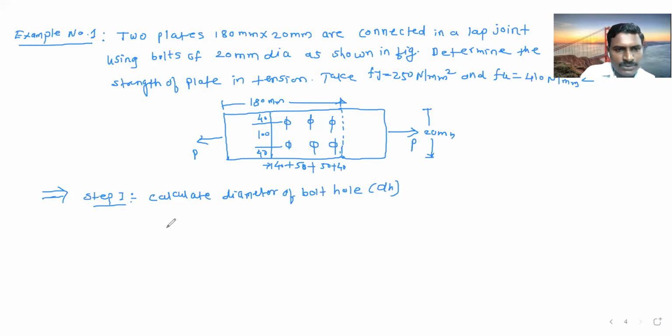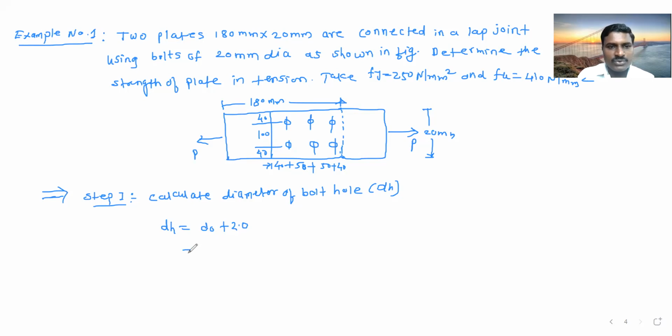So DH is equal to... which formula do we have to use here? D naught plus 2, because the 20 mm diameter is given, it will be in the range from 16 mm to 24 mm.